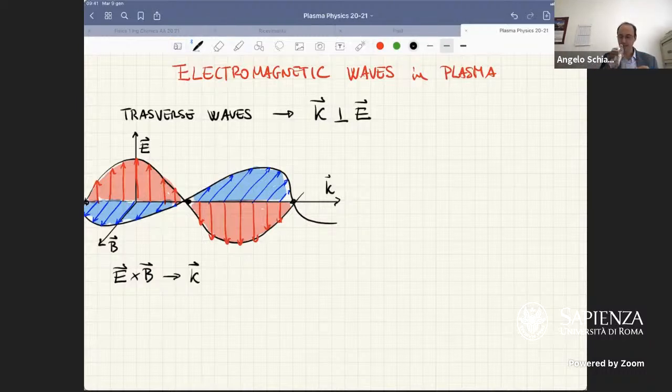What is happening when this electric field is propagating? At which speed is this field propagating? It is propagating along the k direction at the speed of light, obviously. So let's suppose that we have an electron at a certain point here.